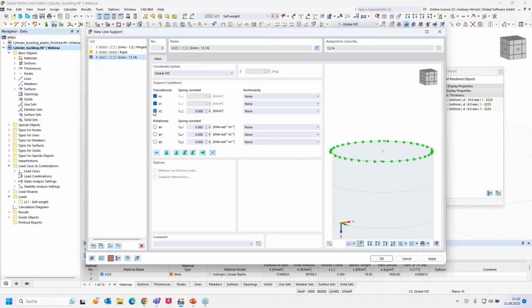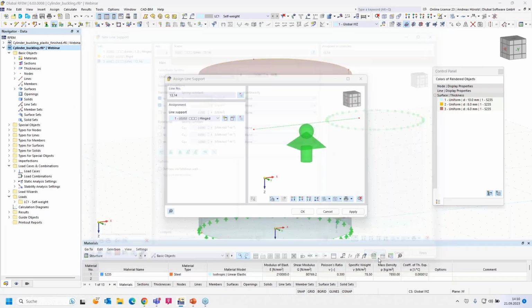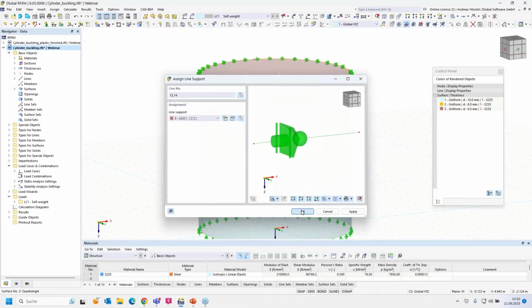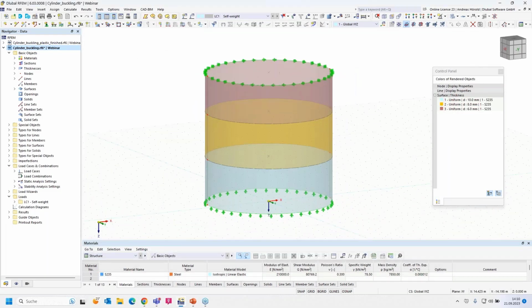Not in Z direction. We use the local coordinate system. We would like to support it in local X and local Y direction, in ring direction and perpendicular to it. Okay, that's all. The model is finished.